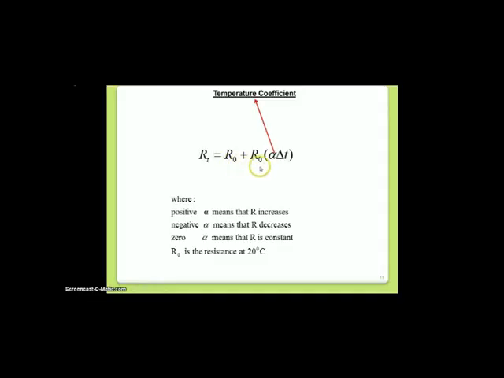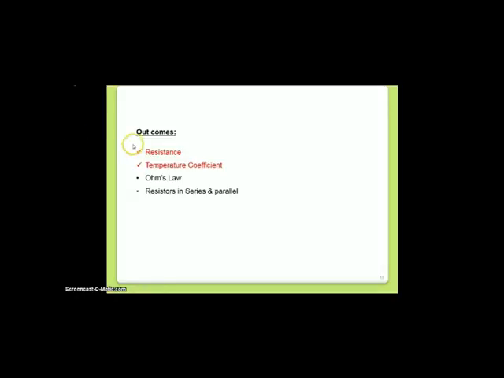Normally the R_0 value is considered to be the resistance at room temperature, or particularly at 20 degrees Celsius. So the topics that we discussed so far are what is resistance and the factors, mainly the effect of temperature on resistance. Now our next topic is Ohm's law, followed by the resistor connection in series and parallel.